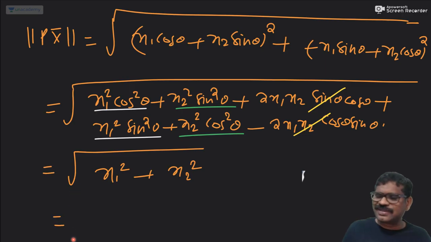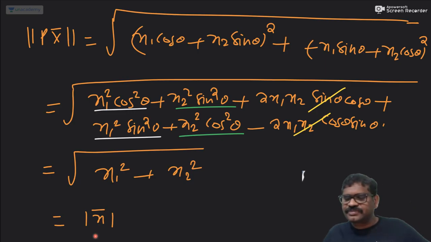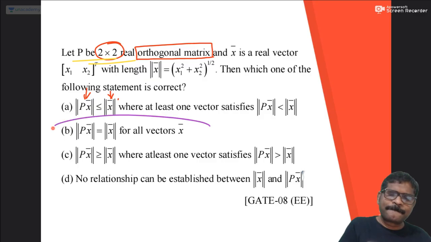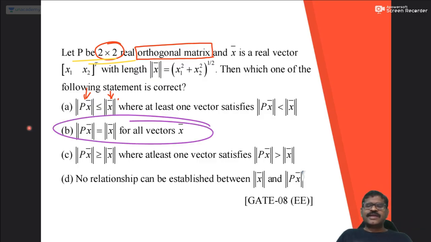What is this? Norm of x. So the relation is: length of Px bar equals length of x bar for all vectors x bar if the matrix is an orthogonal matrix. Understood? Got the point?